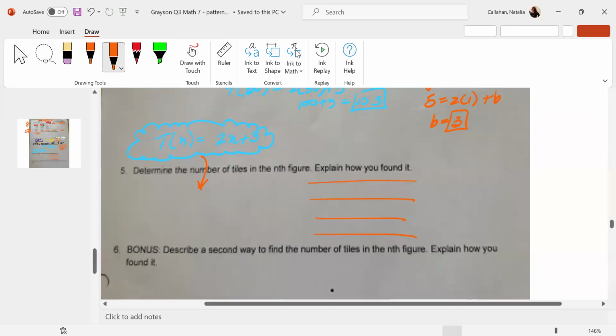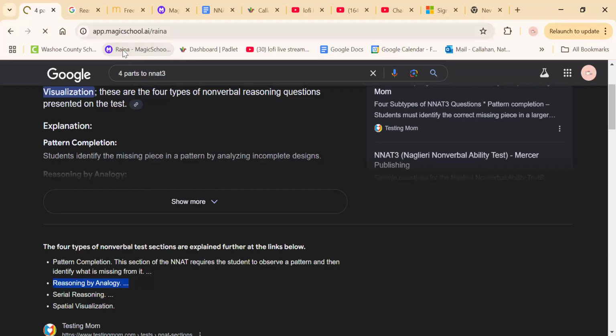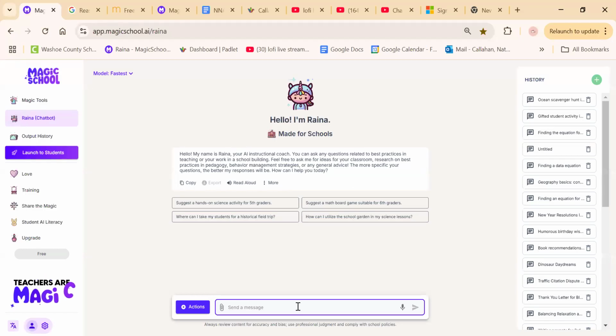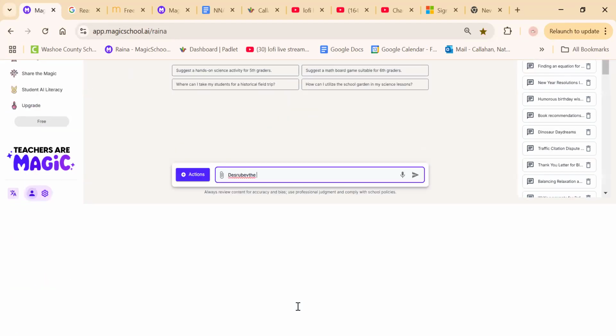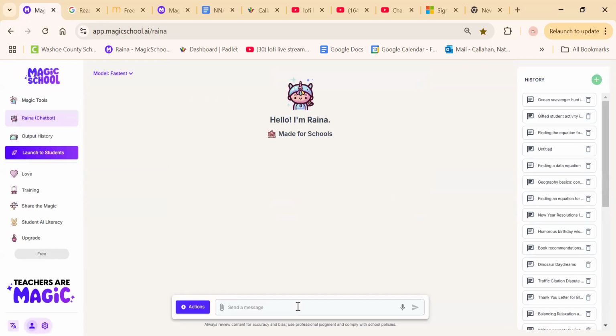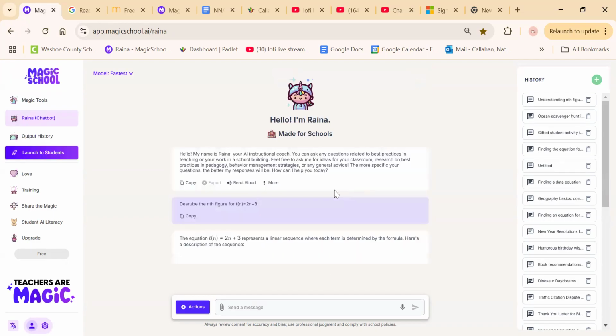In this case, I'll go right here, and you can just type in, describe the nth figure for t of n equals 2n plus 3. Do you see how I type that in? Okay. So you need to have the equation, obviously.